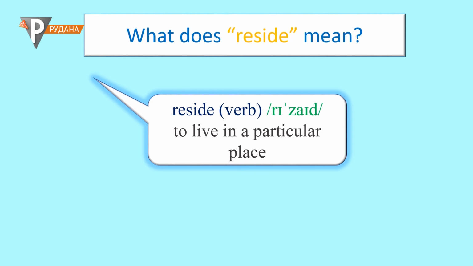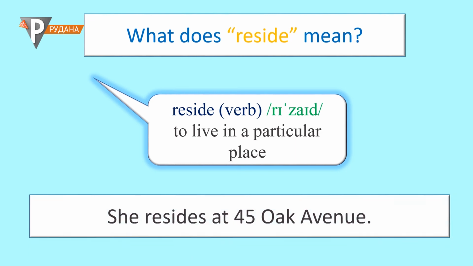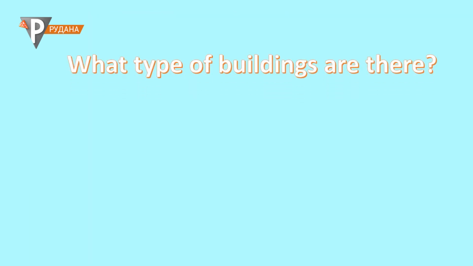For example, she resides at 45 Oak Avenue. In other words, she lives at 45 Oak Avenue.